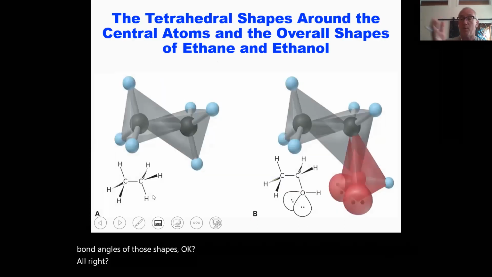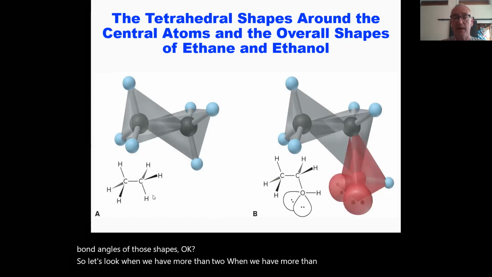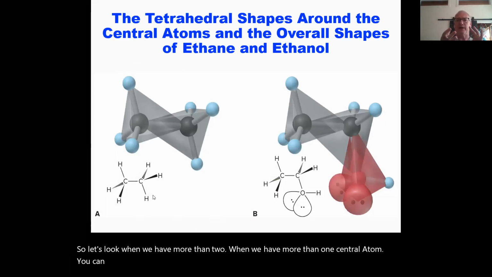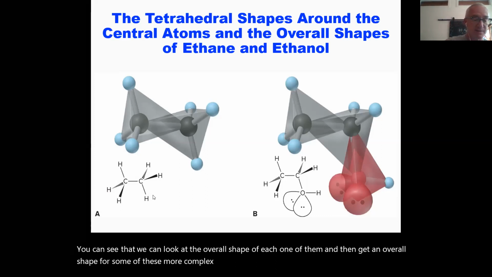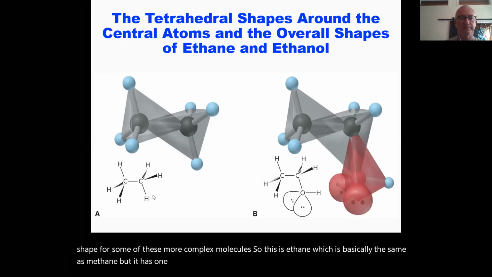So let's look when we have more than one central atom. You can see that we can look at the overall shape of each one of them and then get an overall shape for some of these more complex molecules. So this is ethane, which is basically the same as methane, but it has 1 more carbon. So instead of CH4, we have C2H6.